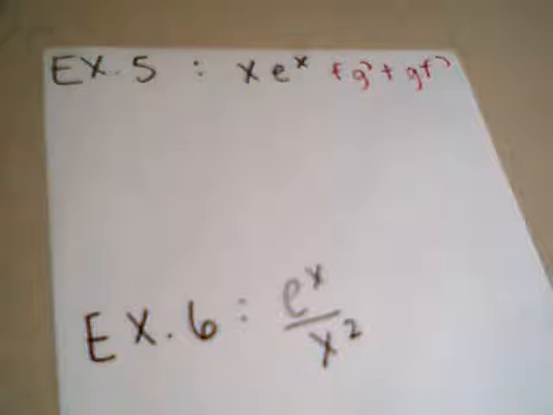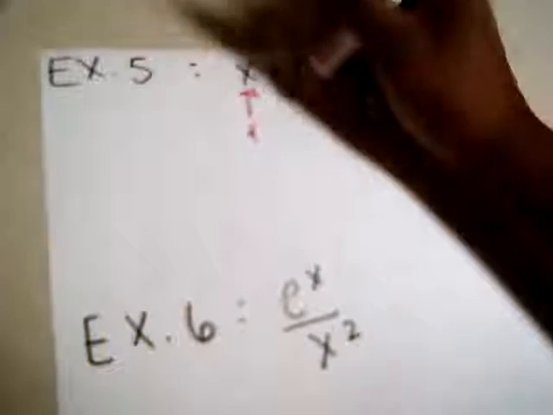Moving right along, we have the derivative of the product of two functions, x times e to the x. And once again, the product rule is f times g prime plus g times f prime. We'll have x as f and e to the x as g.